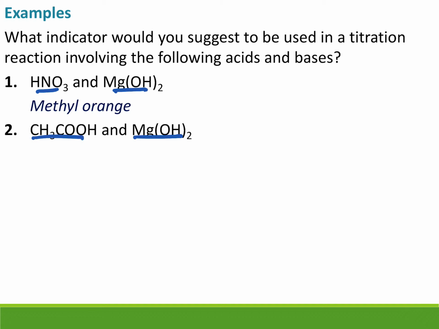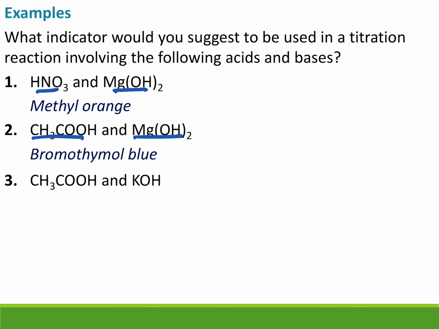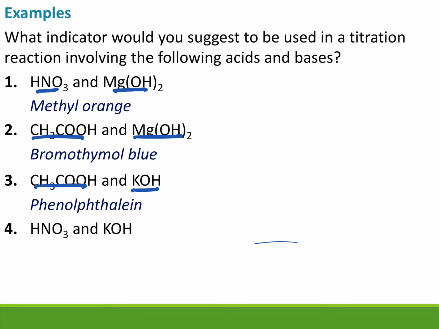Magnesium hydroxide, weak base. Bromothymol blue, they're of equal strength. Ethanoic acid, vinegar, weak acid. Potassium hydroxide, strong base. Phenolphthalein. Nitric acid, strong acid, potassium hydroxide, strong base. We will use bromothymol blue.